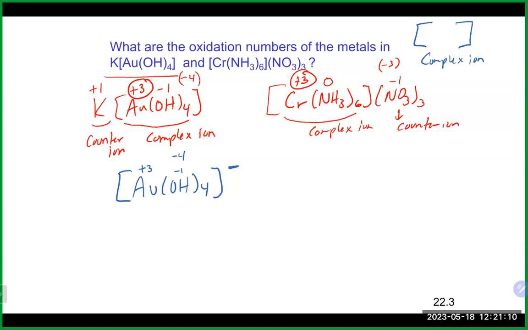This is a -1 charge complex ion, which means my complex ion in this case is negatively charged. Potassium is positively charged as my counter ion, and that is like an ionic compound, right? +1, -1 gives us 0 when we put it together. That is also how coordination compounds are written, just like ionic compounds, positive guy followed by the negative guy. So it's always positive to negative, just like an ionic compound.